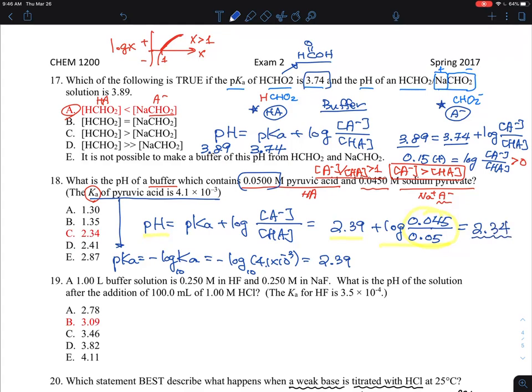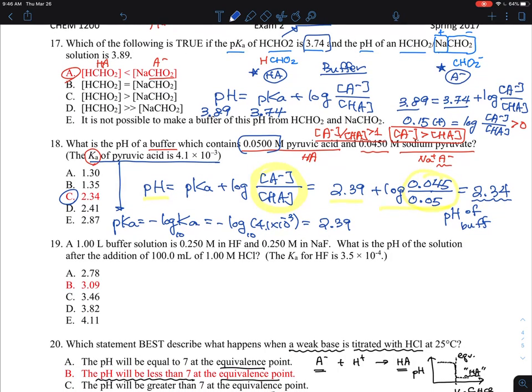That's the pH of the buffer, which is a mixture of these two, right? A buffer is always a mixture of a weak acid and its conjugate base, okay? So the answer for this is C.